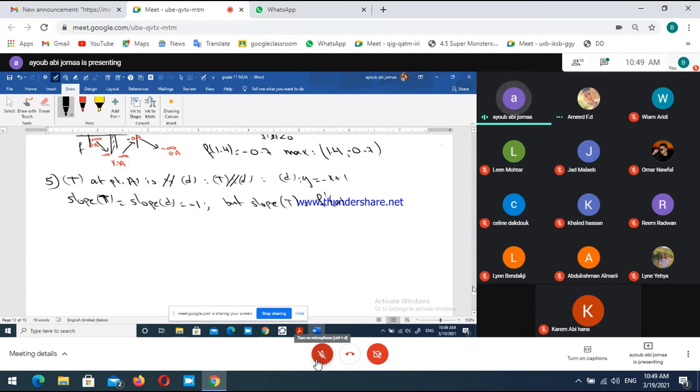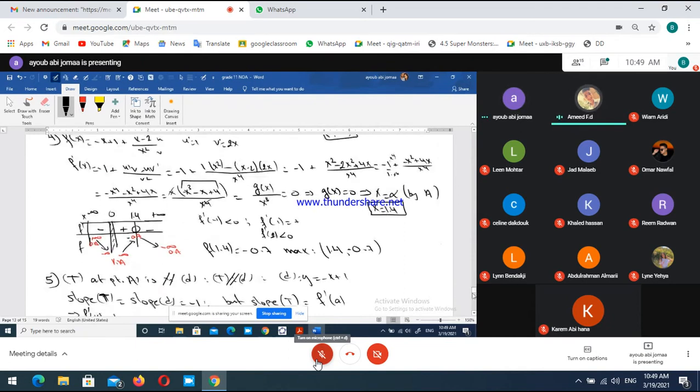It means that f prime of x is equal to negative 1, so g of x over x cubed is equal to negative 1.